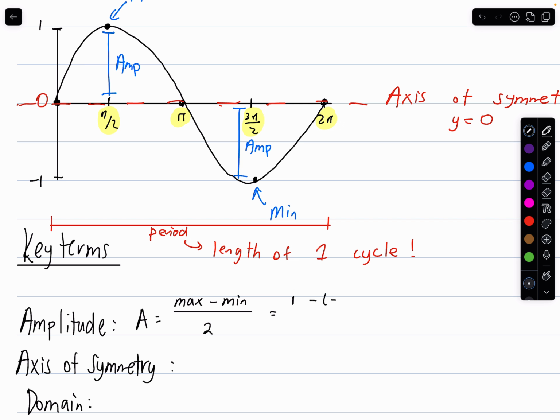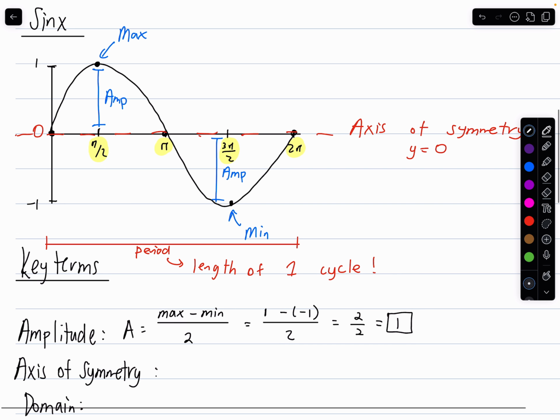What is the min? The min is -1. Divided by 2, we end up with 2 over 2, which is 1. And that's our amplitude. So sometimes using the formula, you can get the amplitude in 2 different ways. The first way, you can look at the graph and just see, okay, that's my amplitude. Or 2, if you're only given the max and min in the question, you can use this formula to get what the amplitude is.